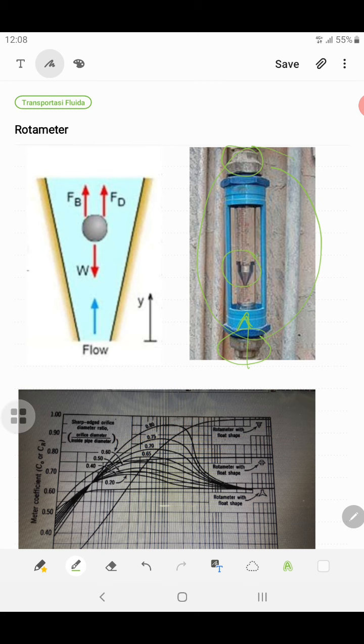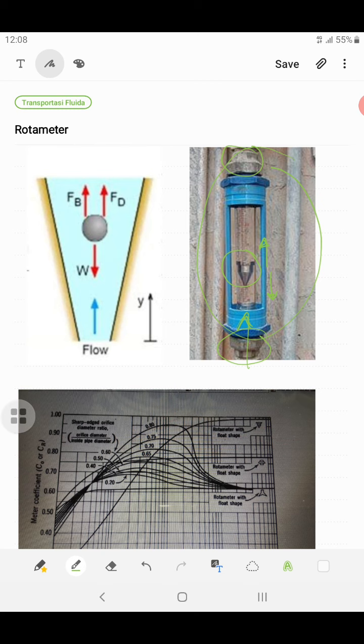It is the metering float, sometimes made of stainless steel, and it will move downward and upward based on the flow rate of the fluid. When your flow rate is high, the metering float will get higher, and when there is no flow, of course the metering float will go down.